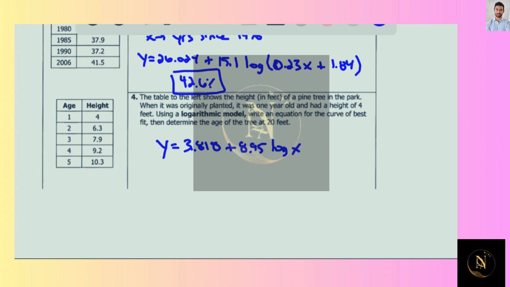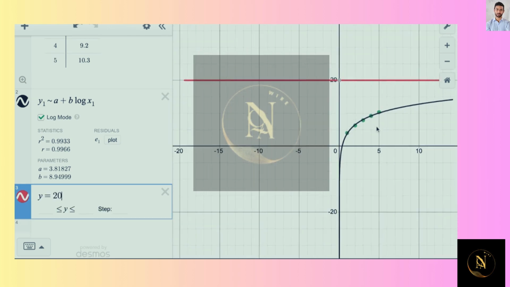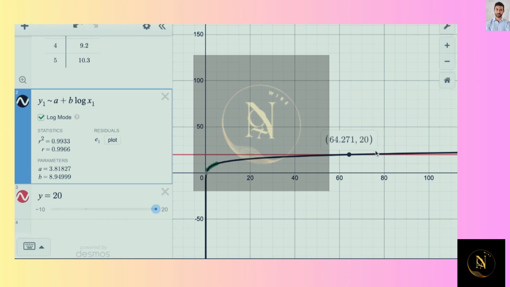So that would be when y equals 20. And we'd estimate the age to be about 64.3 years old.